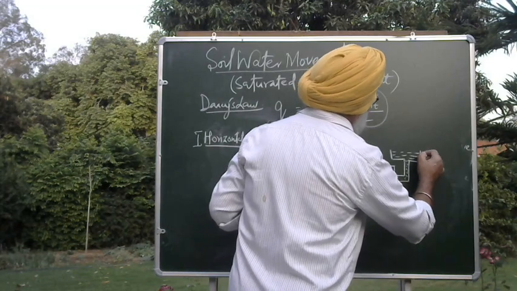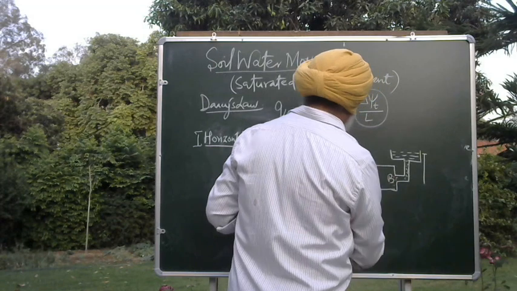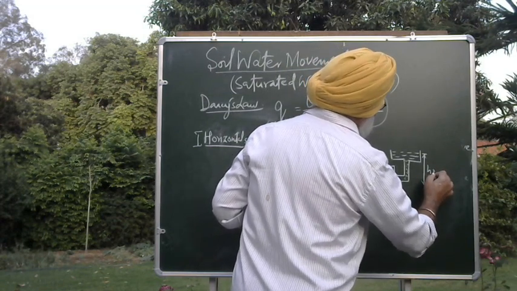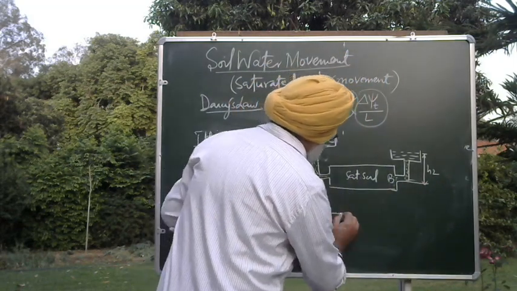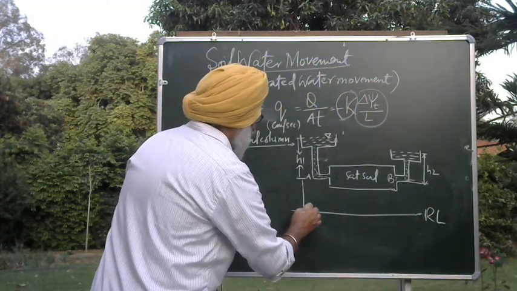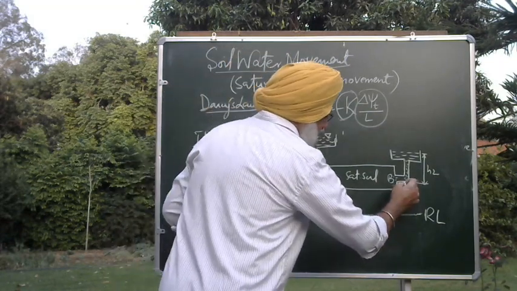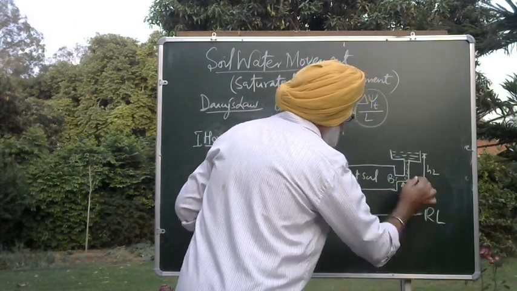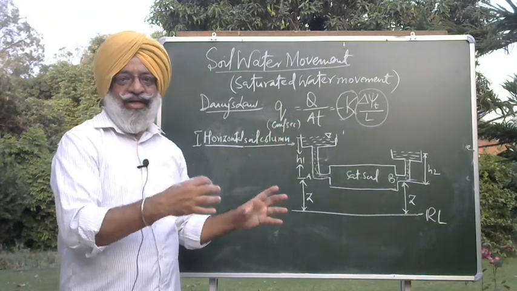So you have the head of water over here between point B, this is H2, and say this is your reference level. So now the distance between A and the reference level is Z, and similarly because it is a horizontal column, this distance again will be Z. Here I am showing the head of water being maintained.